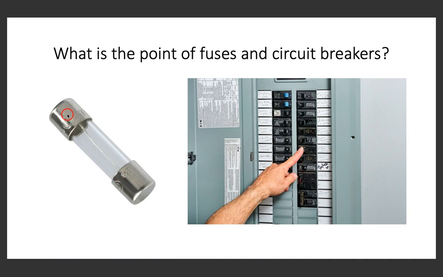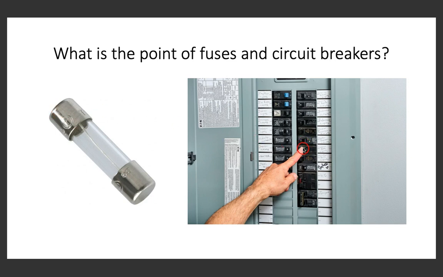The way a fuse works is, in a lot of cases, actually a very simple design. It's simply a piece of metal, basically, that melts if there's too large of a current going through it. So the difference between fuses and circuit breakers is that when a fuse blows, you need to replace the fuse, so they're not reusable.